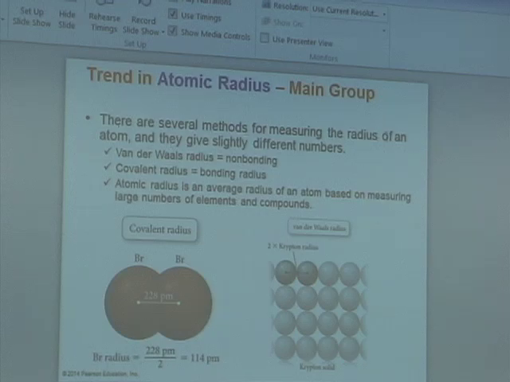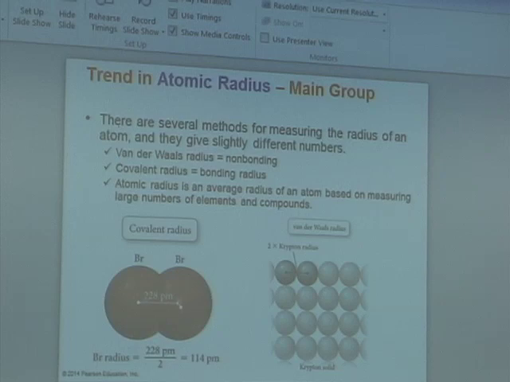So there are several methods of measuring the radius. When you have a covalent bond like bromine, Br2, you can look at the covalent radius, or you can look at the van der Waals radius, as in krypton, where the van der Waals radius refers to the non-bonding radius, but the covalent radius has to do with the overlap, right?